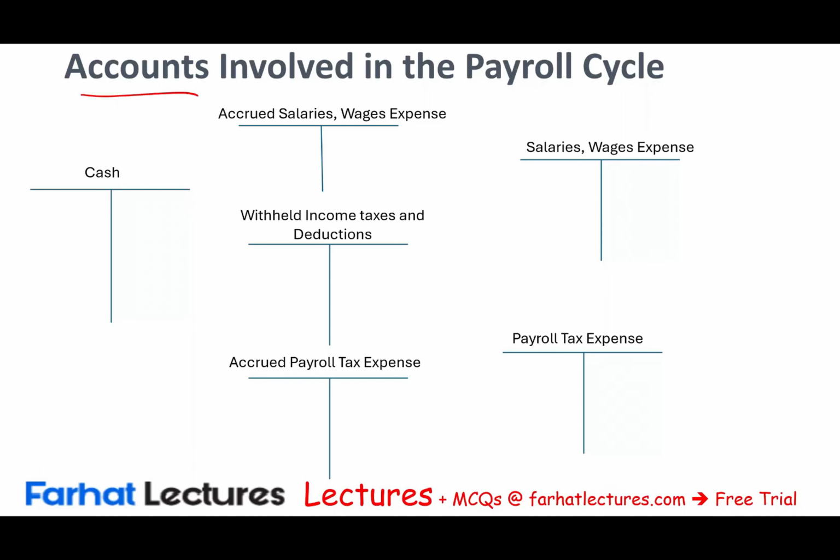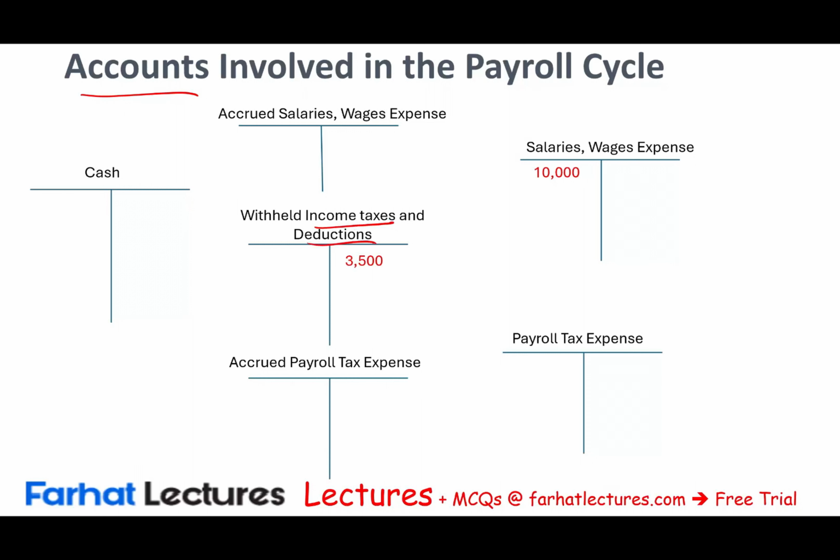So let's see. Let's assume we're paying our employees $10,000 every 2 weeks. Well, we debit salaries expense $10,000. The company will say we have an expense of $10,000. Of that $10,000, $3,500 is withheld as income taxes and other deductions.